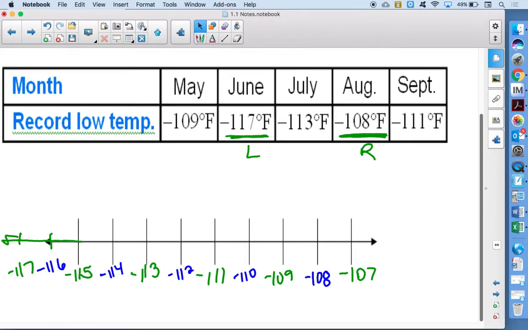And then see if you can plot your points. So you're plotting negative 109. It's an exact number. It's not in between anything, so it would just go at negative 109. So see if you can plot those points.